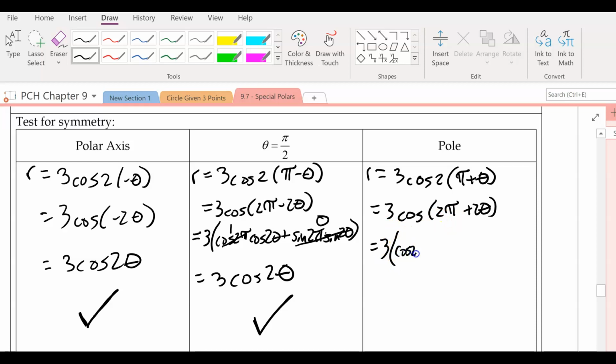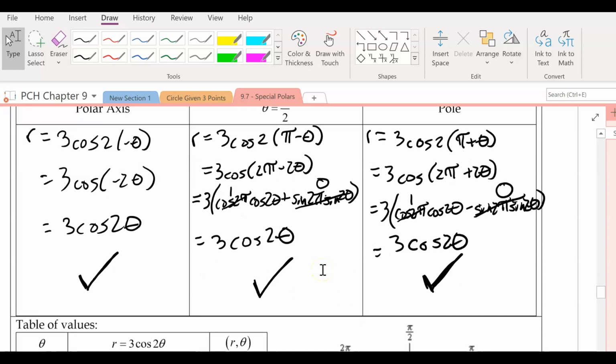So I have cosine 2 pi cosine 2 theta minus sine of 2 pi sine of 2 theta. Again, this will be 0 because the sine of 2 pi is 0, cosine of 2 pi is 1, and this is going to simplify to 3 cosine 2 theta. So we see it has all 3 types of symmetry.